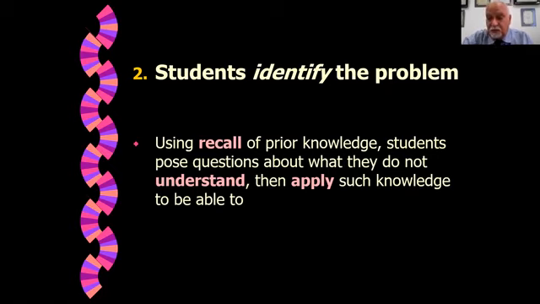The students pose questions about things that they don't understand. And here comes the second level, the comprehension. And then the students try to apply such knowledge to be able to jump to the next very important step, which is the analysis step.